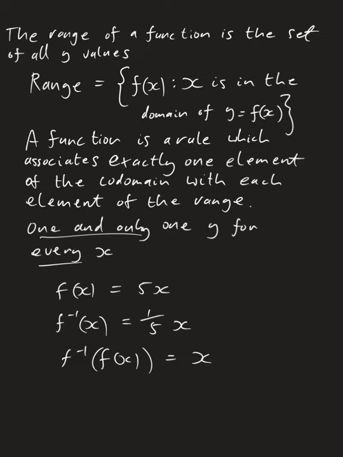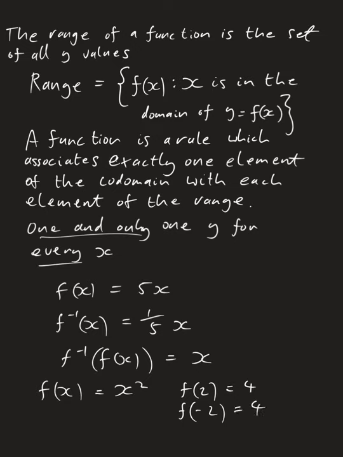Now, in order to have an inverse function, it has to be the case that for every element of the range of your function, there must be only one element in the domain associated with it. So, for example, if f of x is equal to x squared, then f of 2 is equal to 4, but f of minus 2 is also equal to 4.